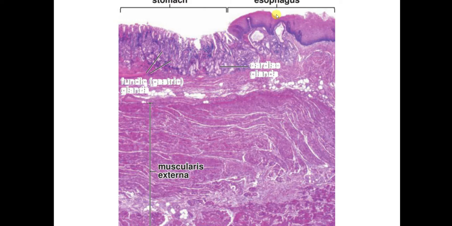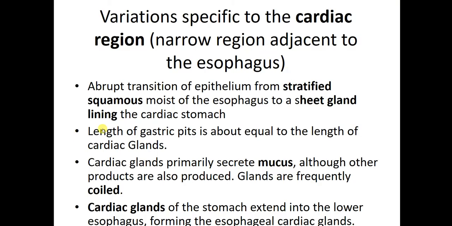You see, very abruptly, here we had stratified squamous epithelium, and here simple columnar. It's hardly visible, but if we zoom here you can see this simple columnar epithelium. But you see, the epithelial lining is absolutely different with the glands. Then the length of gastric pits is about equal to the length of cardiac glands.